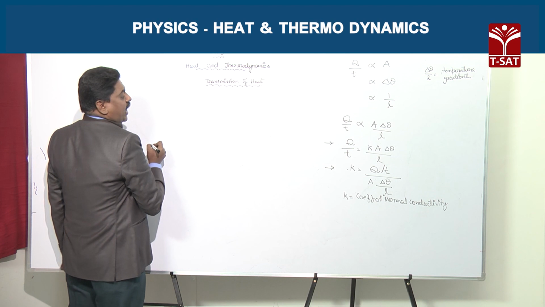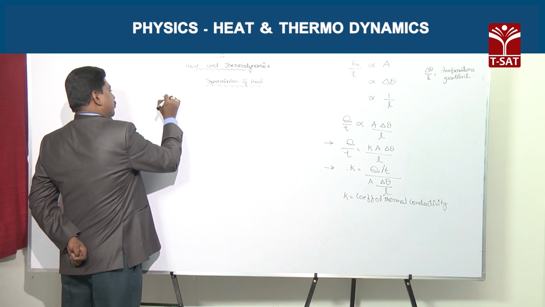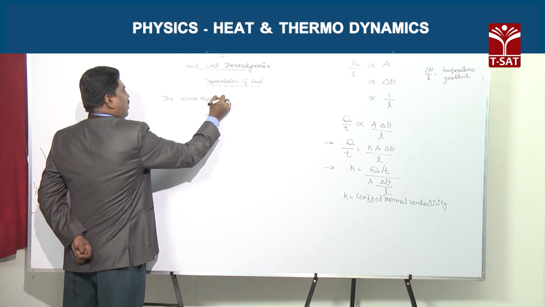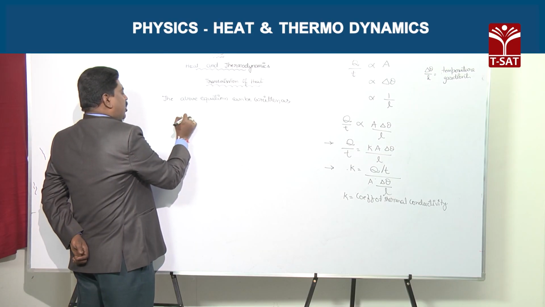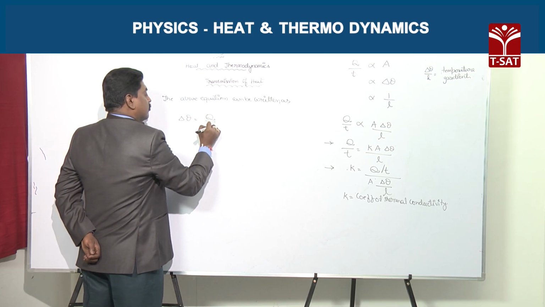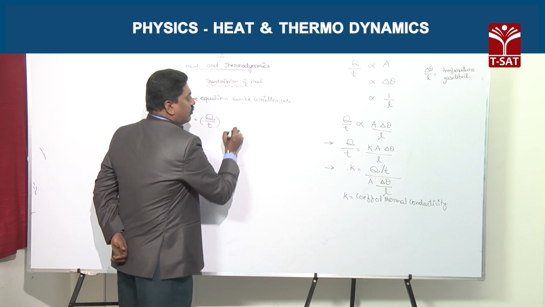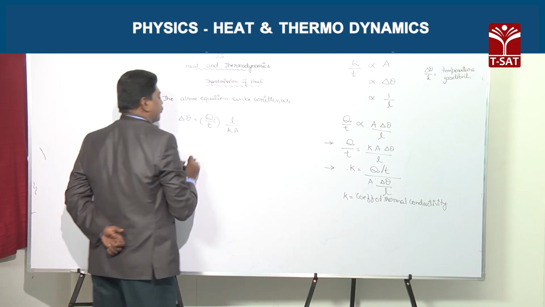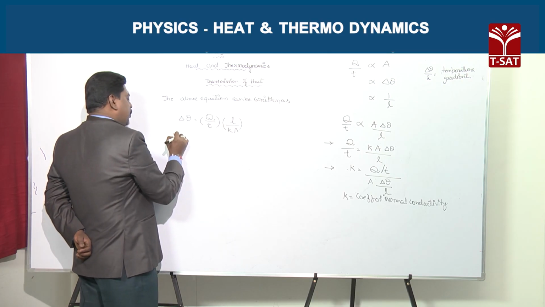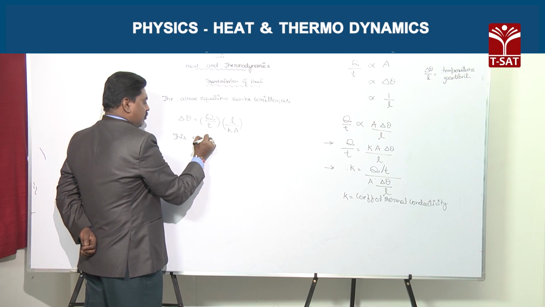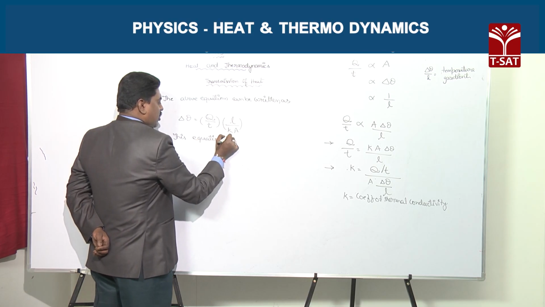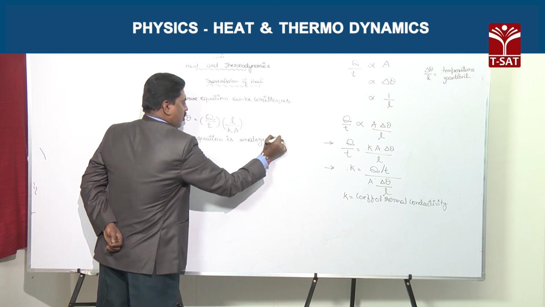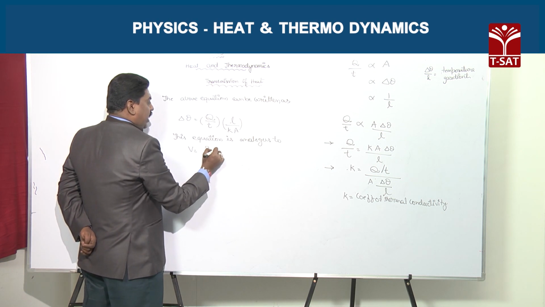The above equation can be written as delta theta equals Q by T into L by KA. This equation is just analogous to V equals IR.